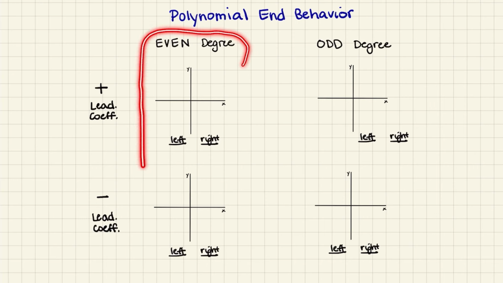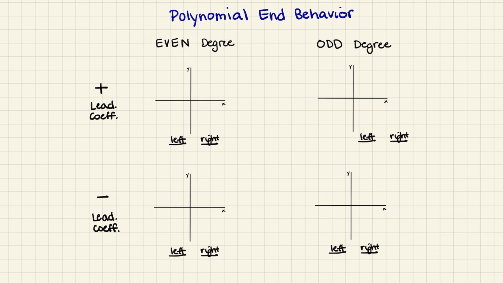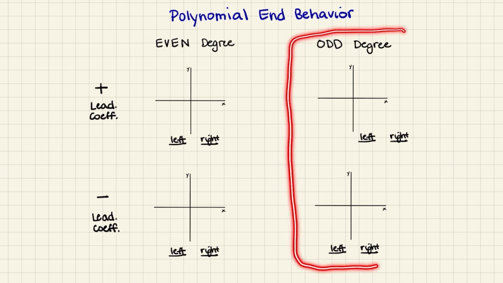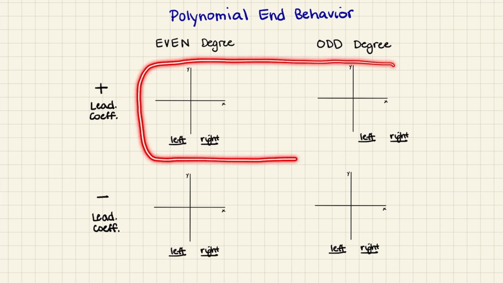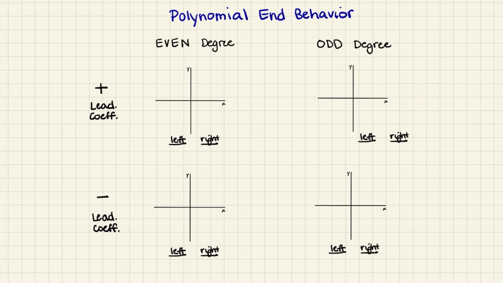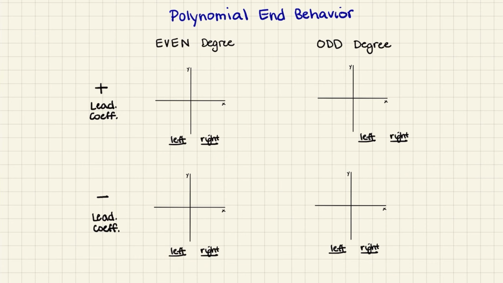This column right here is for polynomials that have an even degree. This column is for polynomials that have an odd degree. This row is for polynomials that have a positive leading coefficient, and this row is for polynomials that have a negative leading coefficient.